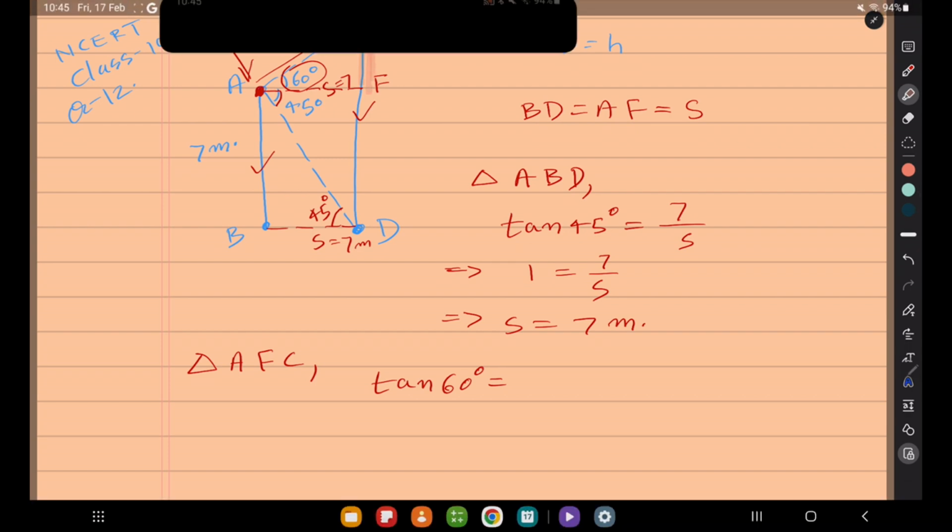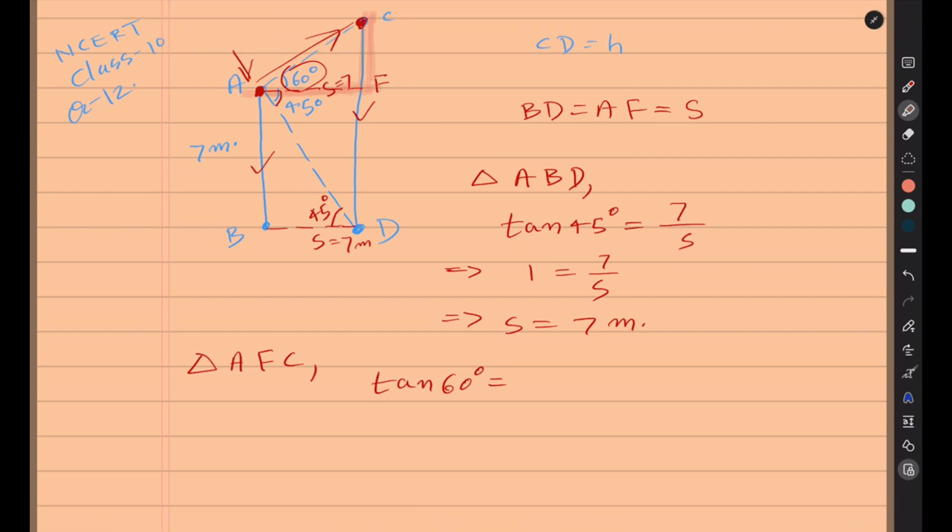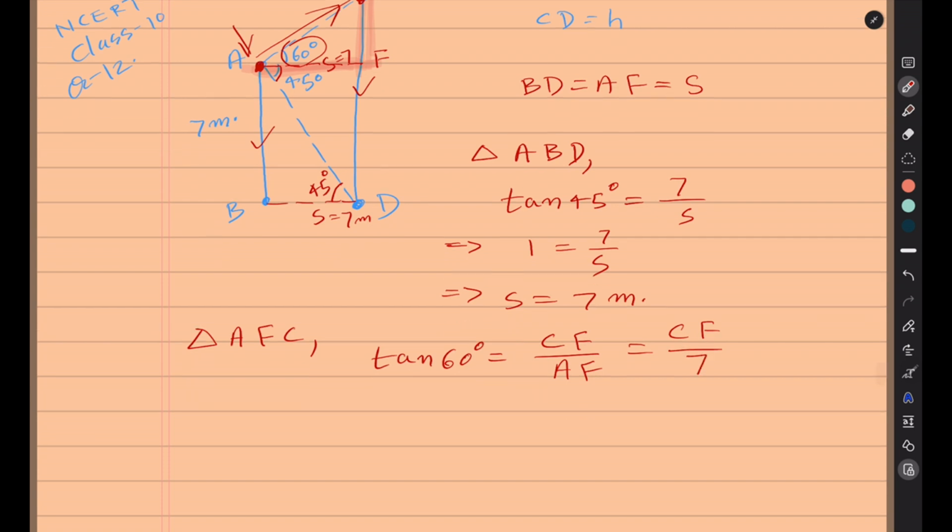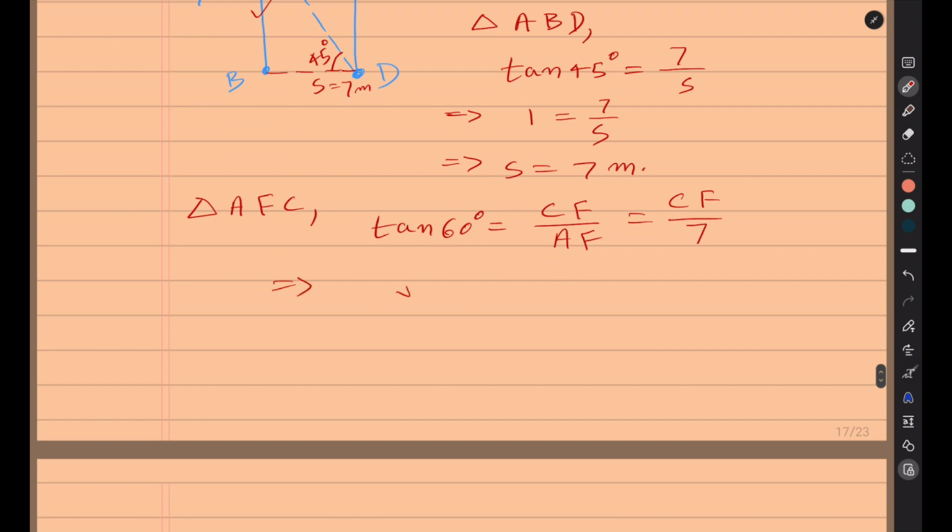It will be CF by AF, isn't it? And we know AF, that is 7 meter. So just try to simplify this one. You know tan 60 is equal to root 3.